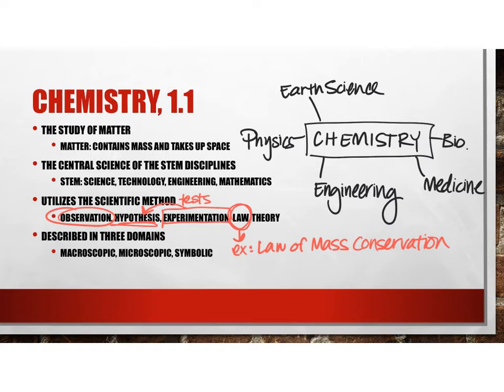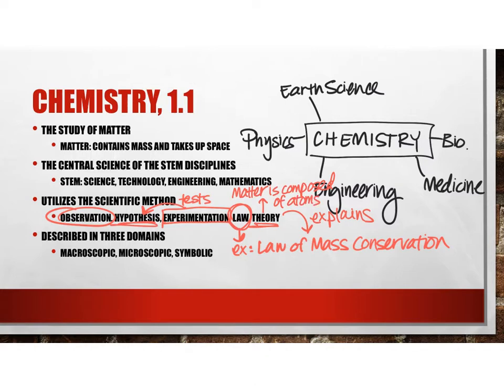A theory, on the other hand, is one that explains a law or observations. So, an example of a theory that would explain the law of mass conservation is the theory that matter is composed of atoms.